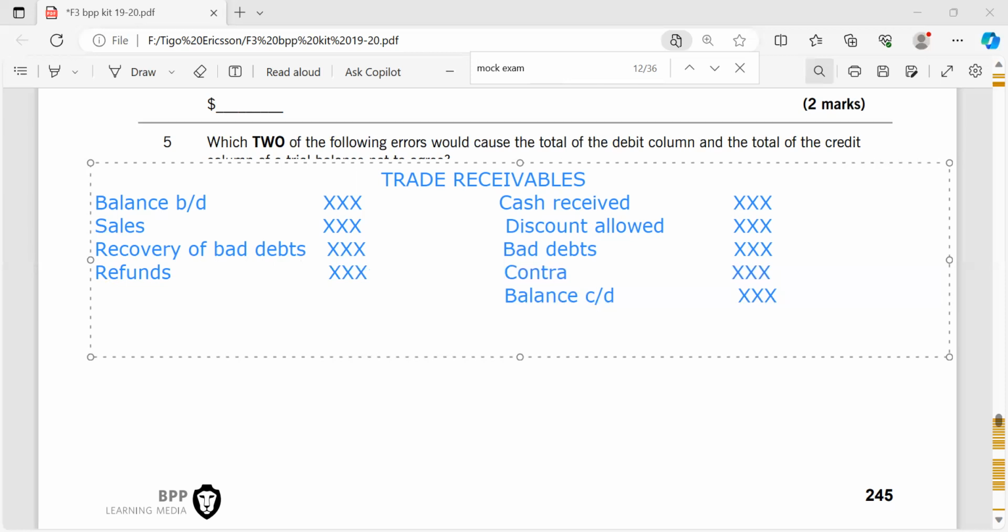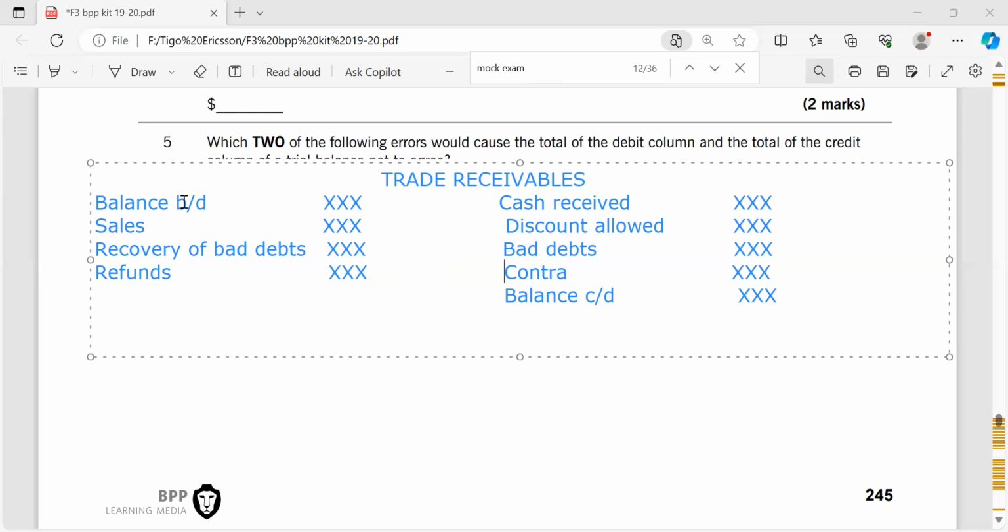And I hope you know something called returns inwards. Do you know that? Returns inwards or sales returns. On which side should it stay? Credit side. Because it means that I sold something, but that thing was returned. So it's no longer part of my sale, right?